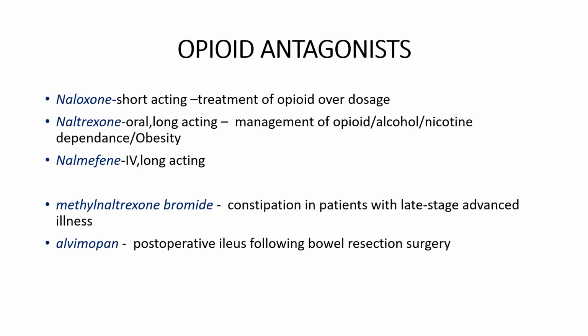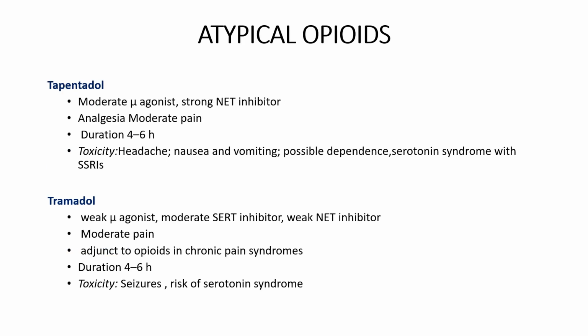These two drugs are peripheral mu receptor antagonists. So they are used in the management of constipation and post-operative ileus following any bowel resection surgery. Because their action is restricted peripherally, they don't have any central side effects, and hence they are used for such conditions.